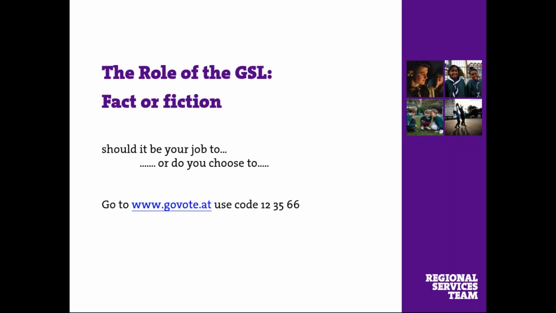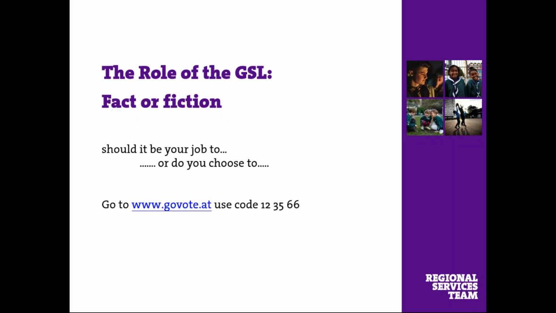I'm just going to reduce the presentation again slightly. So if you've all got that, www.govote.at into your browser URL, it will ask you for that code there of 123566. You can achieve this on your smartphone as well these days. We've tried this with colleagues and it works quite well.